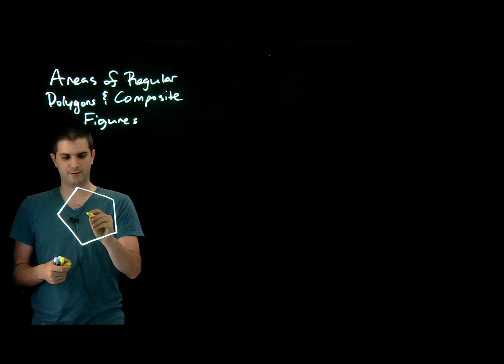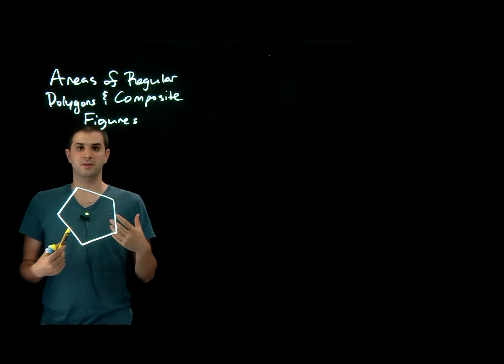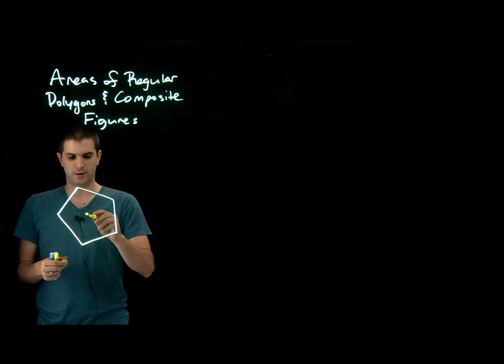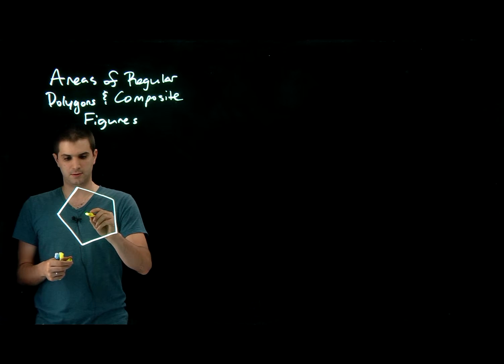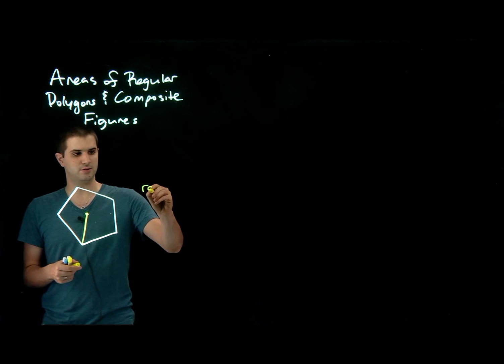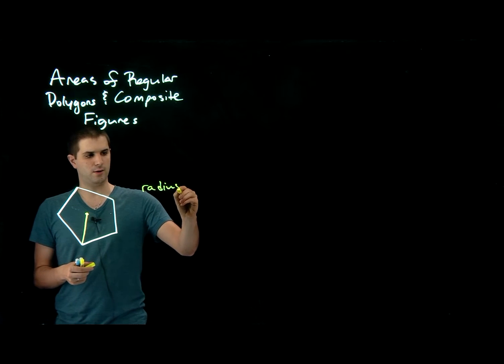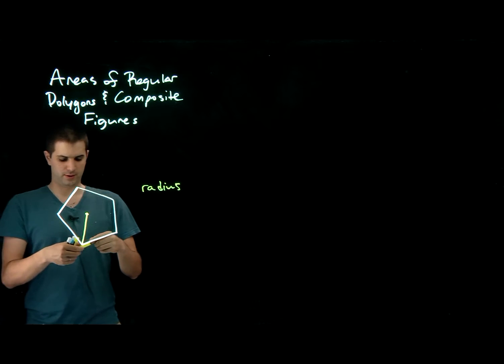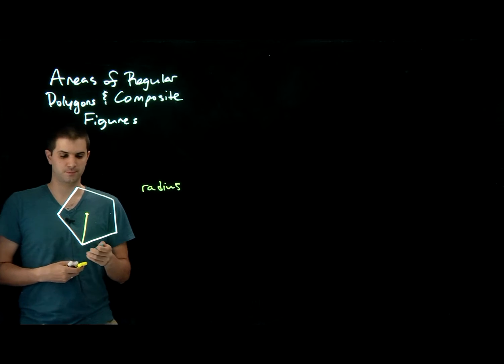So let's talk about a few parts of this pentagon. We have the center. Pentagons, just like circles, have centers. This line here is called the radius, although we don't use it that much. It's not something that we talk about like we do in circles.